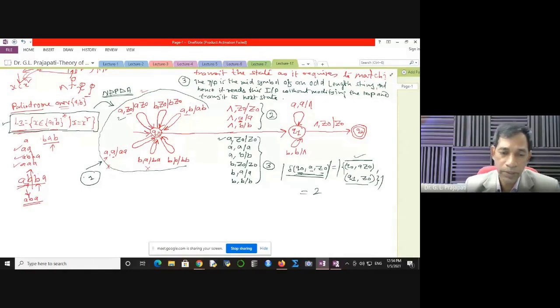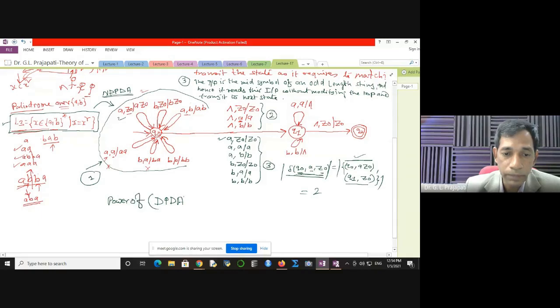So here you have seen the power of these two machines, NDPDA and DPDA. The power of DPDA is not equivalent to the power of NDPDA.